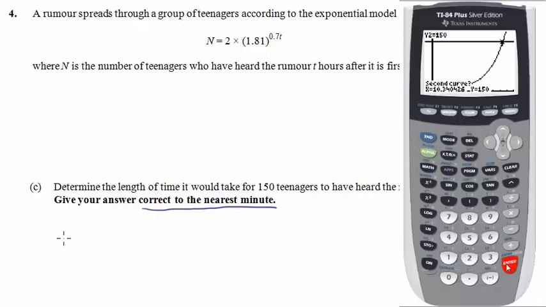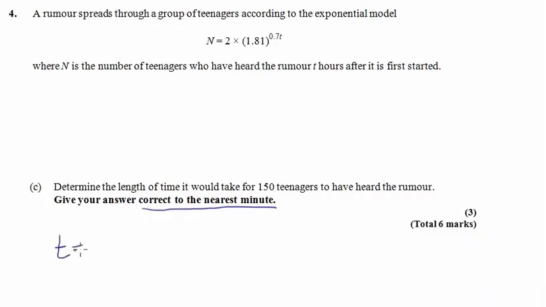So we think they intersect there, and what we find out is that it's 10.3953, and we're going to write that down. So it was 10.395. Now to the nearest minute, 0.395 is not the nearest minute.